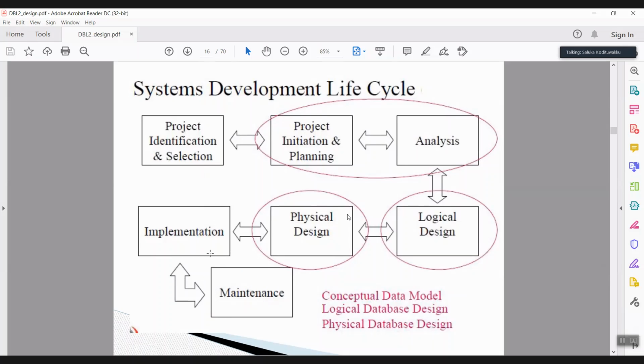For example, the database logic may need to be enhanced, and for the enhancement we have to modify the database logic, and accordingly the implementation needs to be updated. We have to maintain the database to make it a long-lasting system.